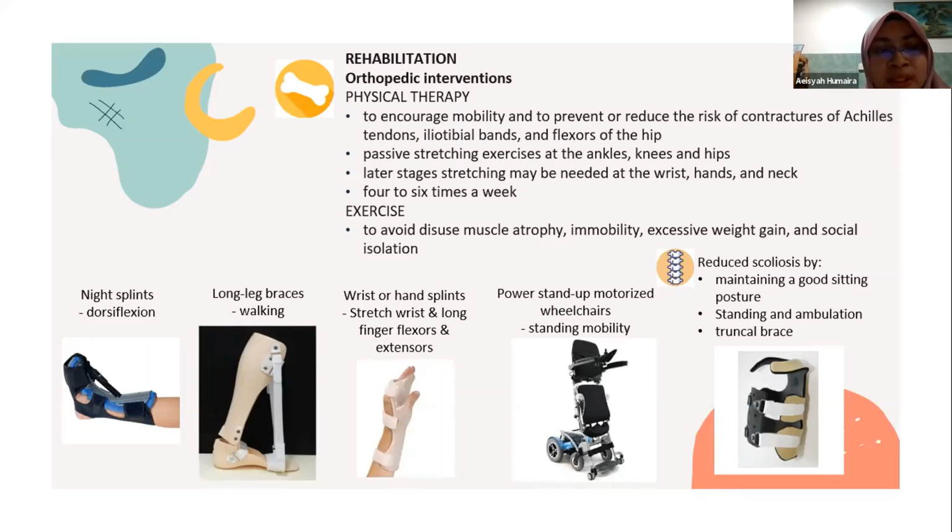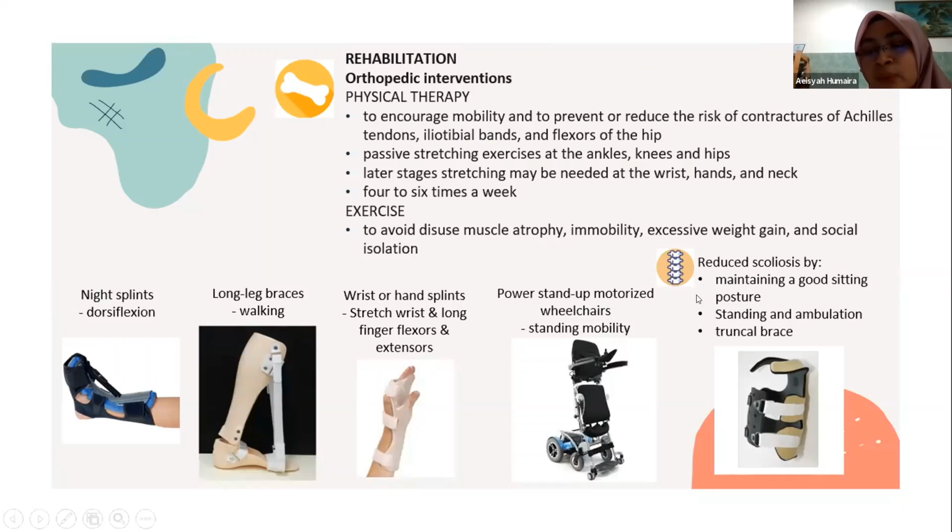Additional interventions include night splints for circulation when they sleep, long leg braces to walk, wrist or hand splints to stretch the wrist, and a power stand-up motorized wheelchair.